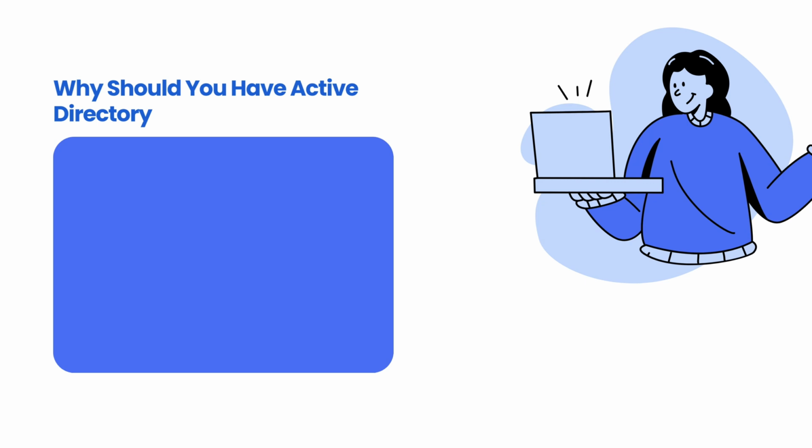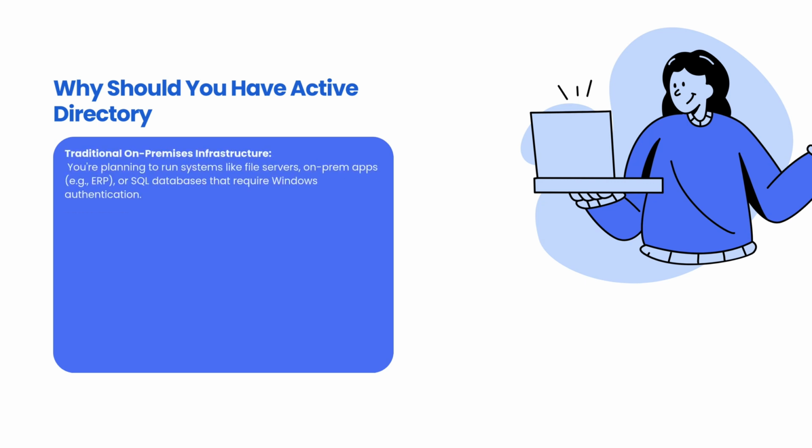Now, looking at the use cases for Active Directory, let's start with the first one, which is the traditional on-premise infrastructure. So if you are expecting to have on-premise infrastructure, where you will be having Microsoft servers for the file shares as well as for the databases, and you will be expecting to have some on-premise apps as well, in that case, you should be going with on-premise Active Directory.